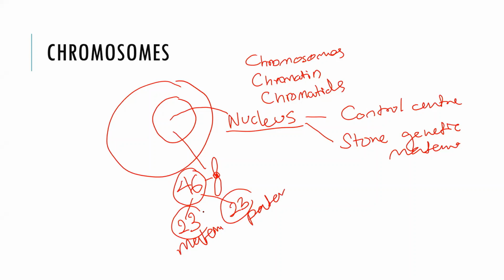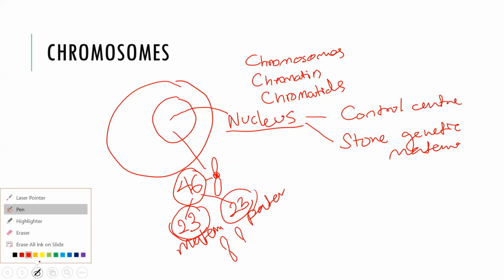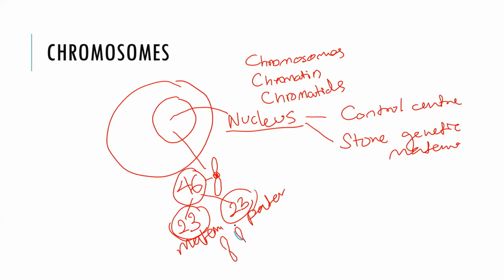That is, 23 you receive from the mother, the maternal ones, and 23 you receive from the father. Each of these 23 maternal chromosomes has a similar looking paternal chromosome, which is the same shape, but the genetic material may differ.